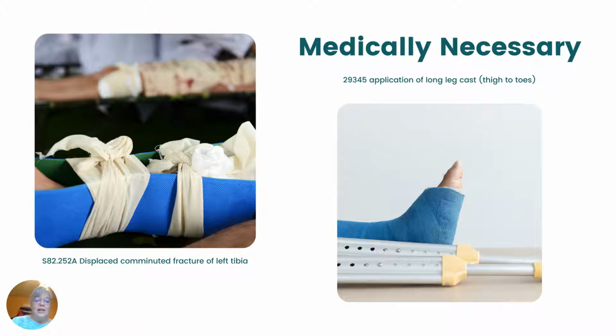So let's look at an example here. In the first case, we have a patient who presented to us with a displaced comminuted fracture of the left tibia. Now, one of the treatments for this, in addition to perhaps surgical treatments, would be placement of a long leg cast.